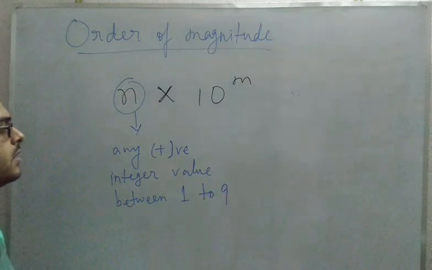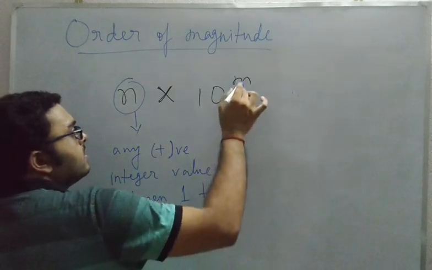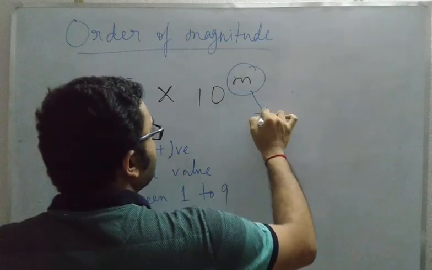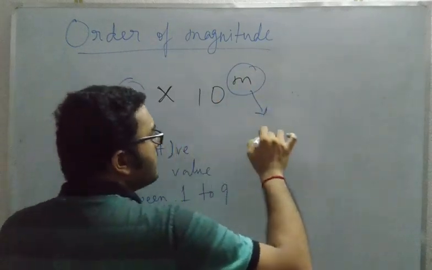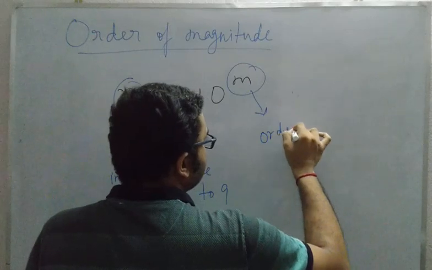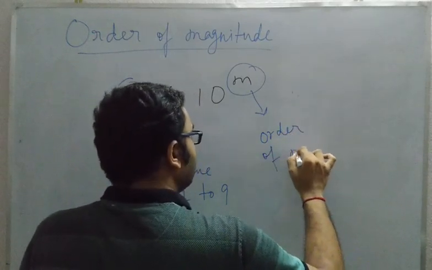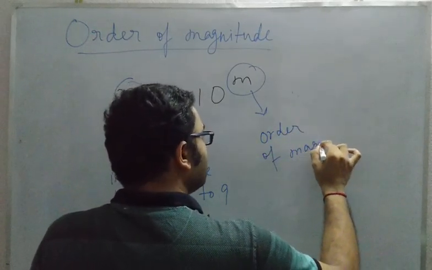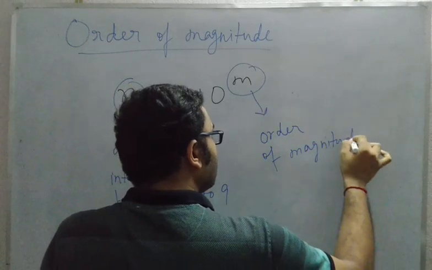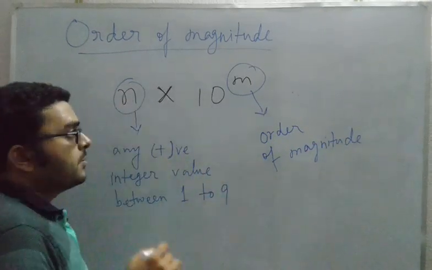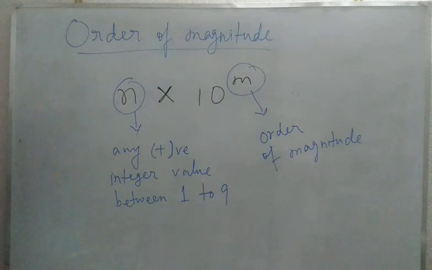Okay, and your m is the order of magnitude. Only when you express the physical quantity in this form, the power of the 10 that you are getting is the order of magnitude of that particular physical quantity.